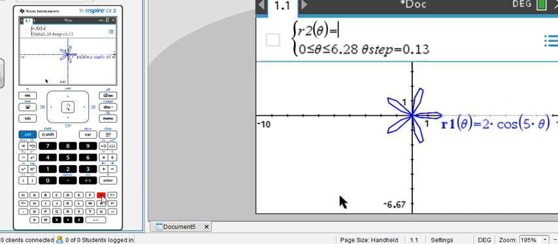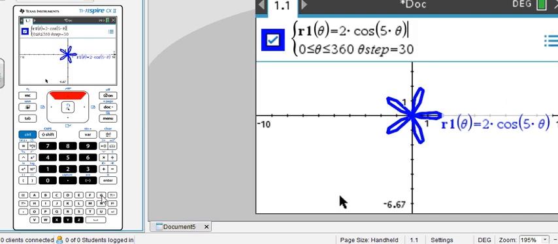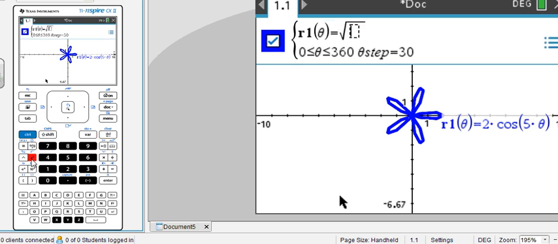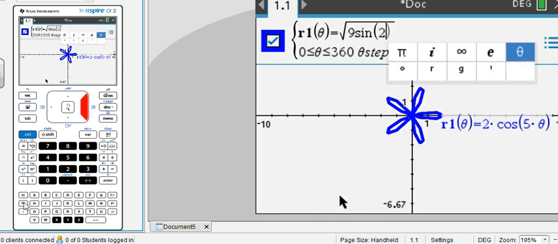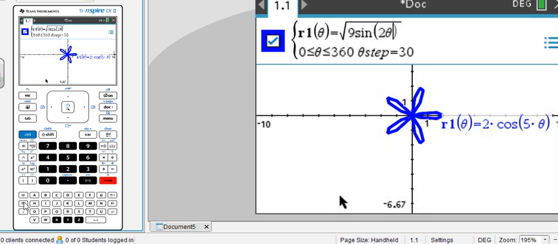So let me go back up. I'm going to go back to this r1, which has been a good faithful friend for me. So there's my r equals the square root of 9 times the sine of 2 theta.